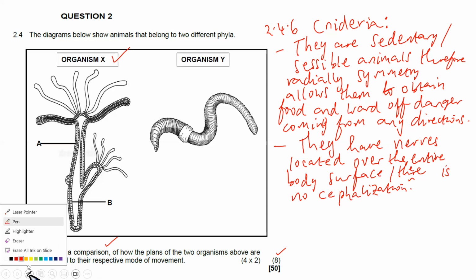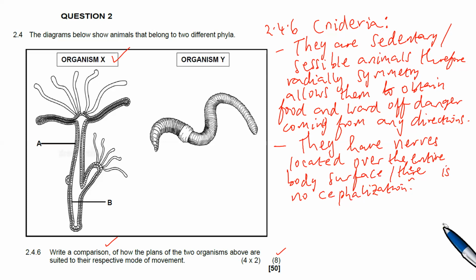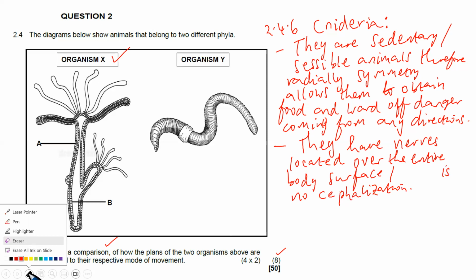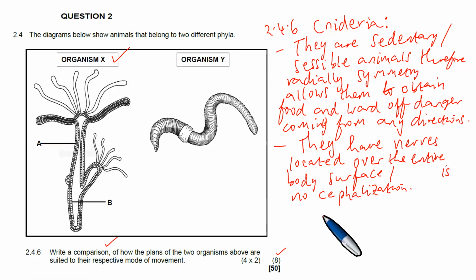So in other words, because of the nerves, they are able to detect and feel the environment and to detect if they are in danger, if they are being invaded or attacked.